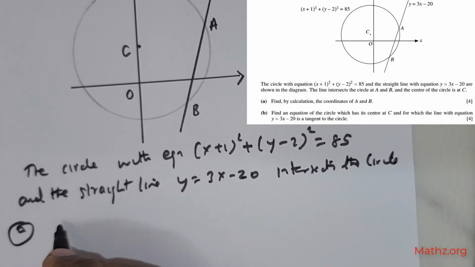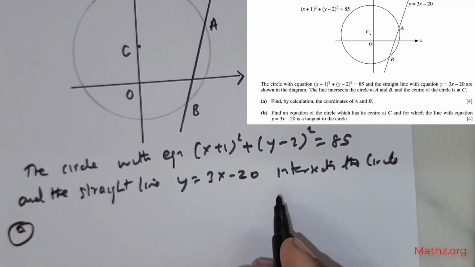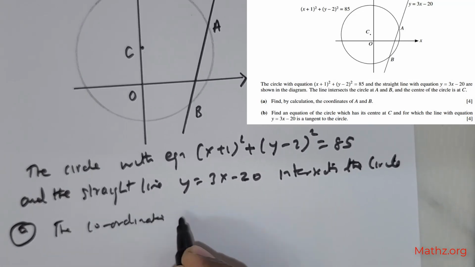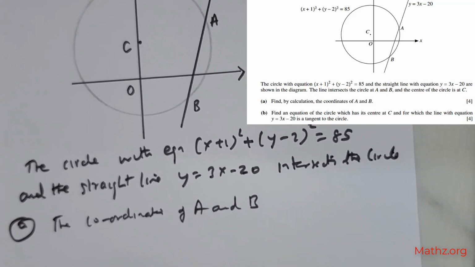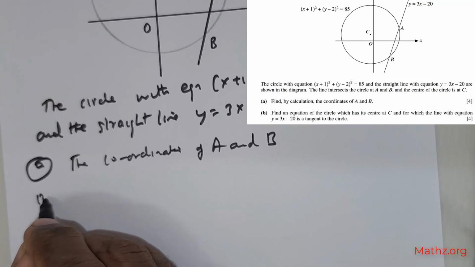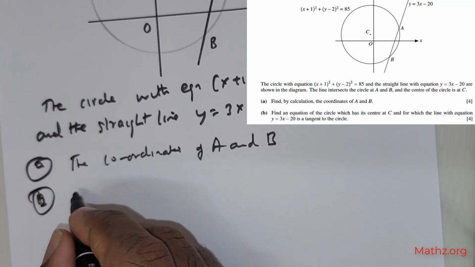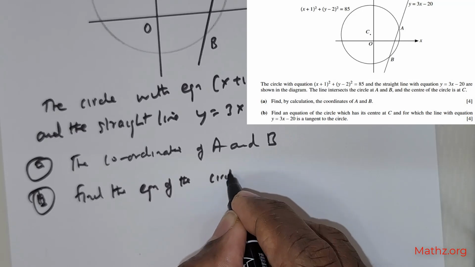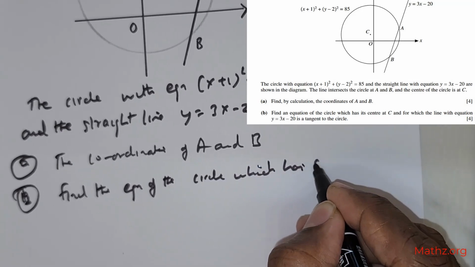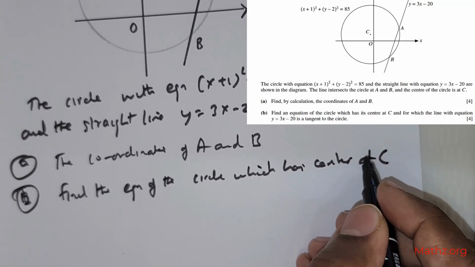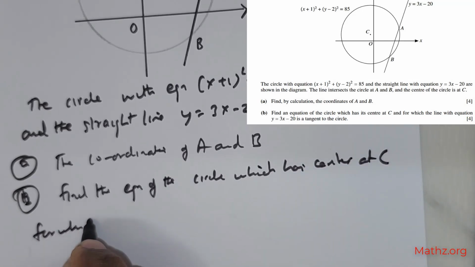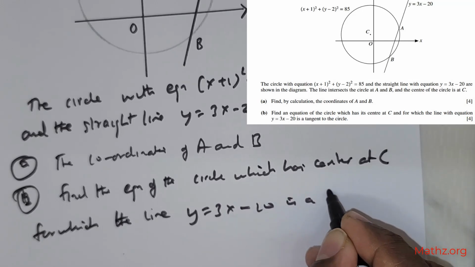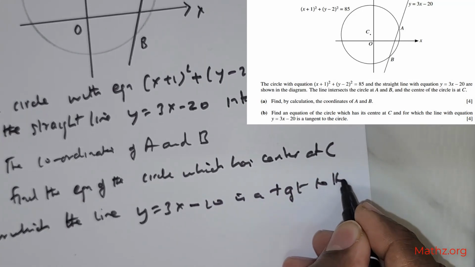Now we are asked to find the coordinates of A and B, that's part A, and part B is find the equation of the circle which has center at C, for which the line is a tangent to the circle.